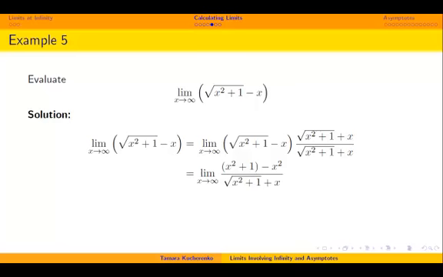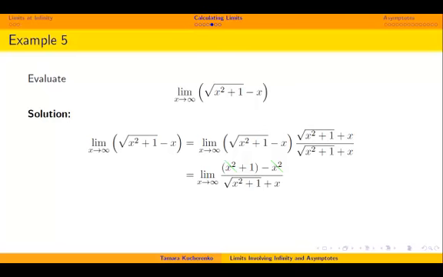In the numerator, x squared cancels with negative x squared, and we get 1 over square root of x squared plus 1 plus x.